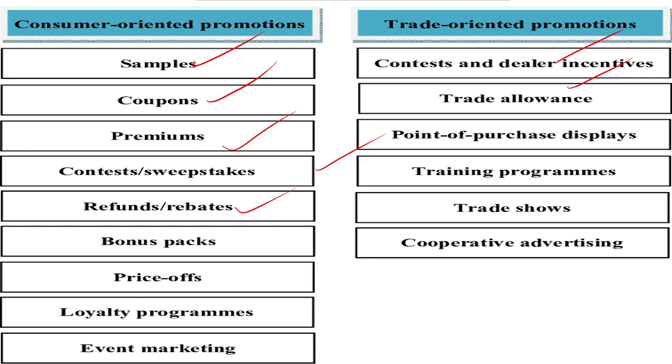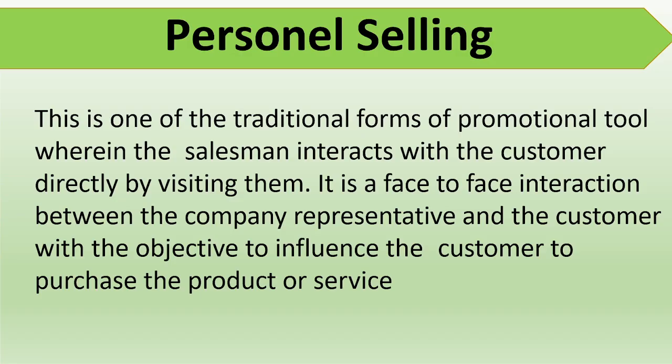Then point of purchase displays: newly launched products in the market are just kept on display, and indirect promotion is done. Then training programs where the salespeople are trained. Then trade shows and cooperative advertising are also trade-oriented techniques.